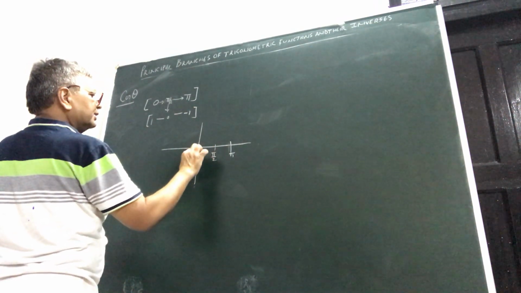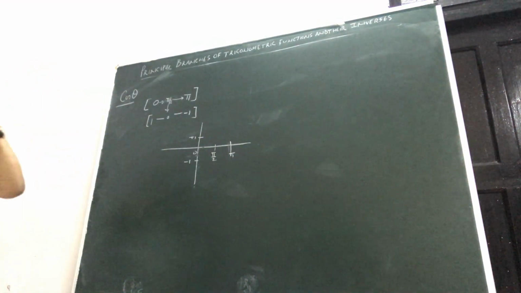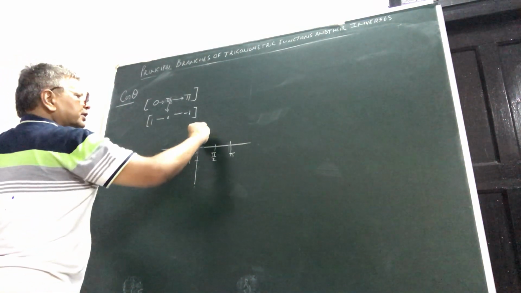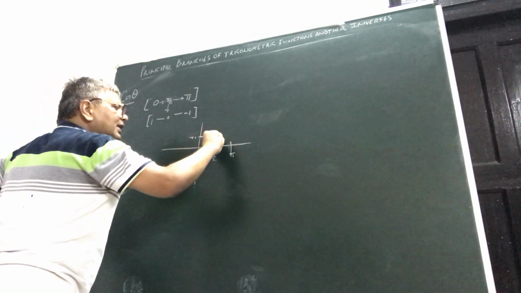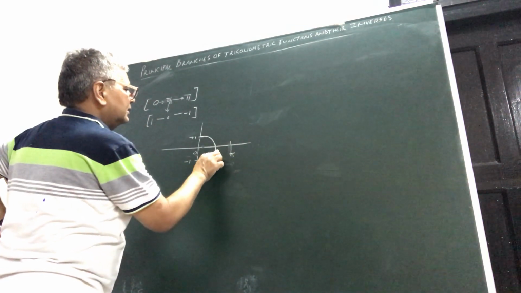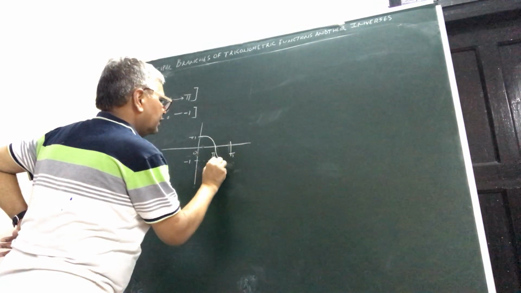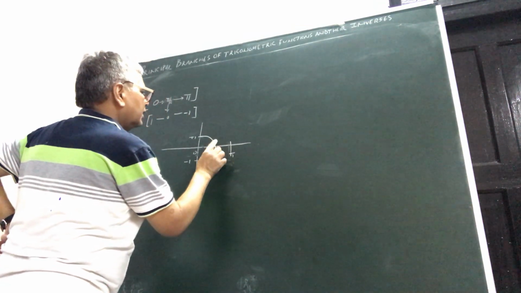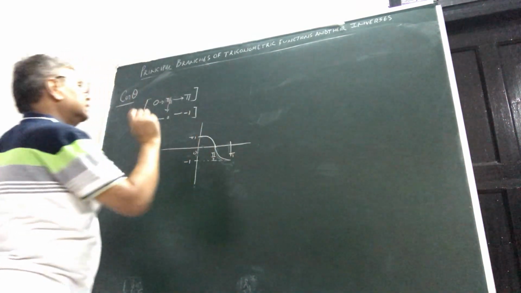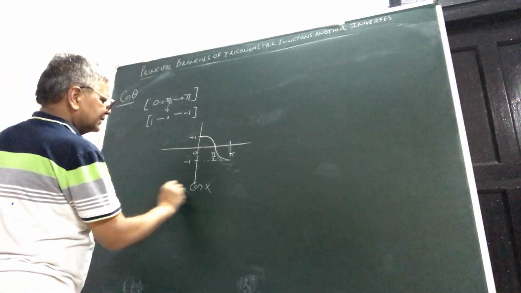At 0 it is exactly 1. So you will come down, and down, like this. Yes, this is the curve of y is equal to cos x.